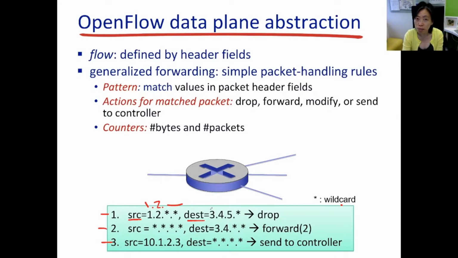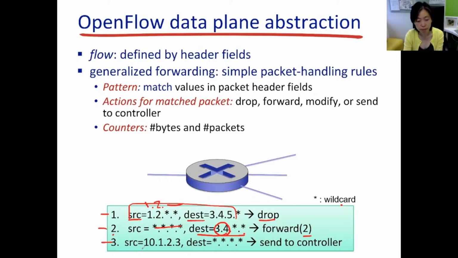The destination address must match 3.4.5 for the first 3 octets, and it doesn't matter what the 4th octet is. All packets matching this pattern will be dropped. In the second example, source can be anything, but the destination address needs to match 3.4.*.*, and then we forward all those packets to interface 2.